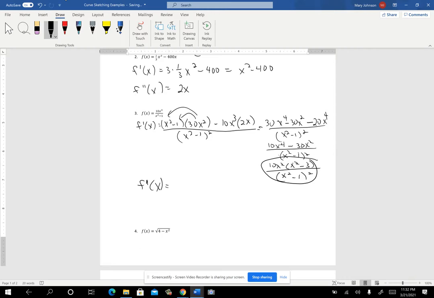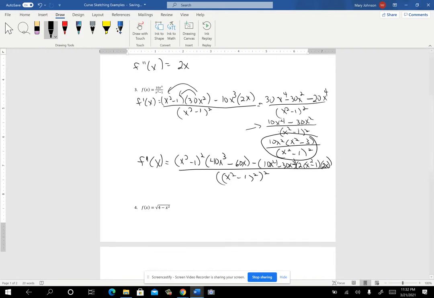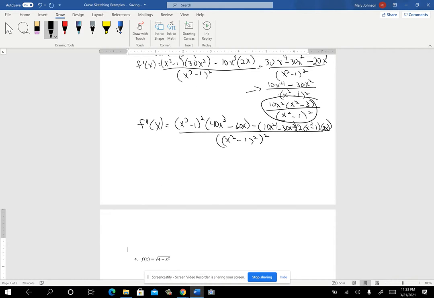So I'm going to do low derivative of the high minus the high derivative of the low. Don't forget to do the chain rule. All of that over the low function squared. Okay, and then you have to clean it up.